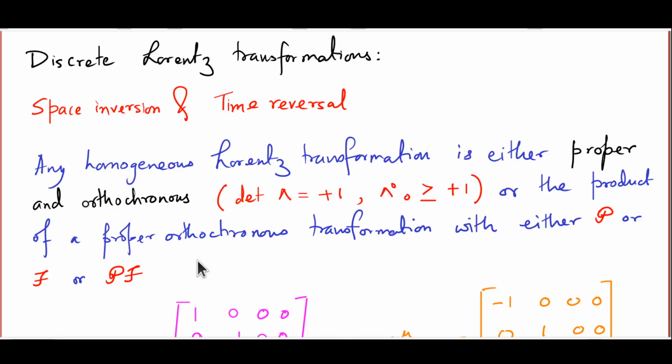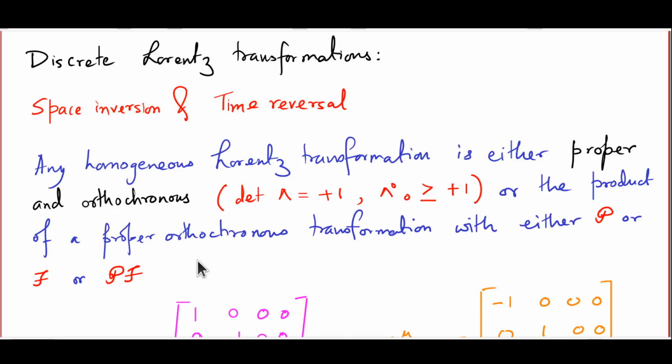We had confined ourselves, however, to just translations and Lorentz transformations which were connected continuously to the identity, that is, proper orthochronous Lorentz transformations. In this section, we are going to talk about discrete Lorentz transformations. In particular, about the two specific cases, space inversion and time reversal.